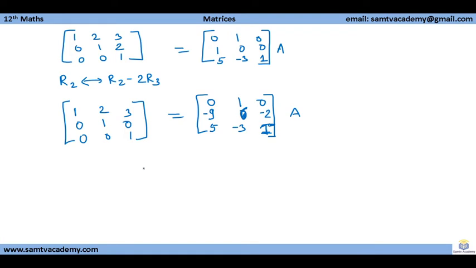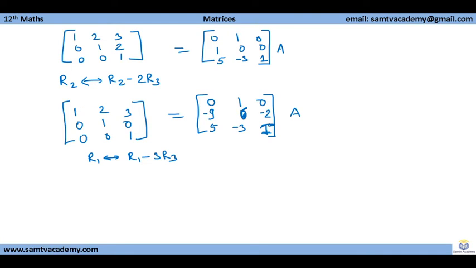Now we will do R1 is replaced with R1 minus 3R3.